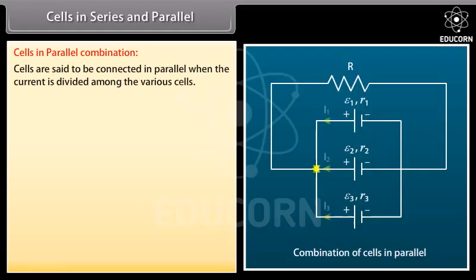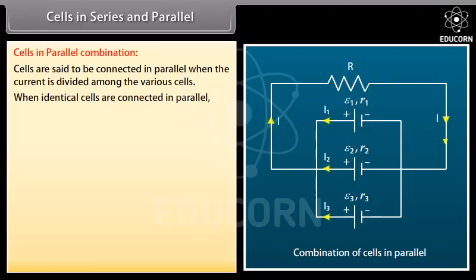Cells in parallel combination. Cells are said to be connected in parallel when the current is divided among the various cells. In ordinary parallel connection, all the positive terminals of the cells are connected together and all the negative terminals are connected together.